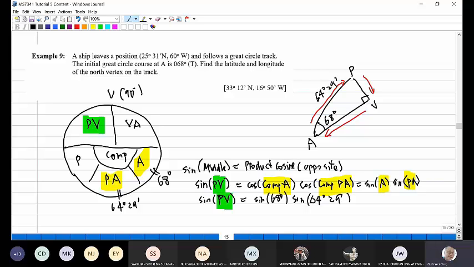Sine of 68 and sine of 64 degrees 29 minutes. Okay, 0.8367.